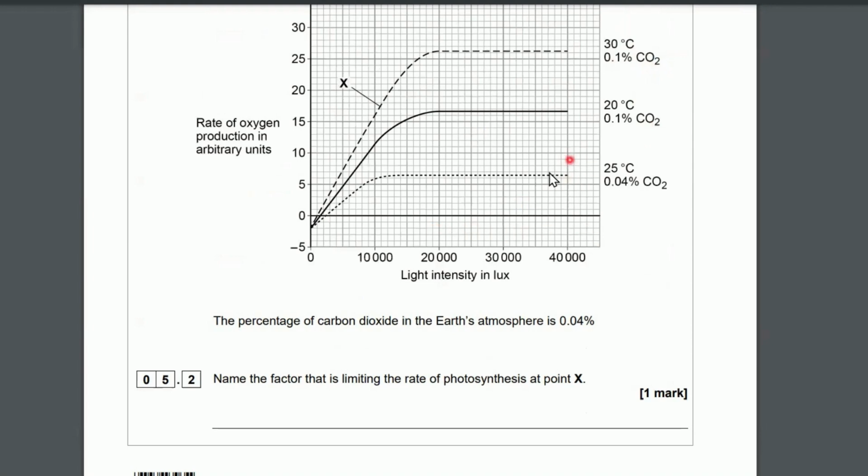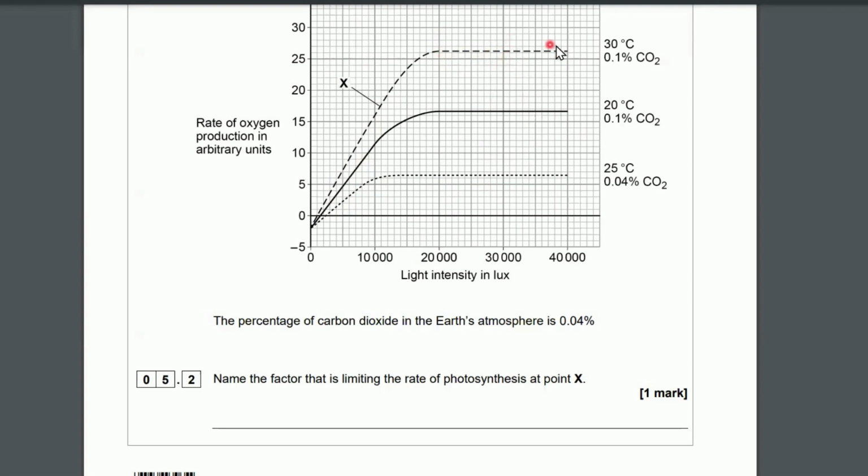Should they use 40,000 or 30,000 or 20,000? Well, if we have a look, they definitely don't want to use 10,000 or 5,000. If they use 5,000, they could give them more light and get a faster rate of photosynthesis. But once you get to 20,000, there's no point in giving them 30,000. Look, it's made no difference at all.